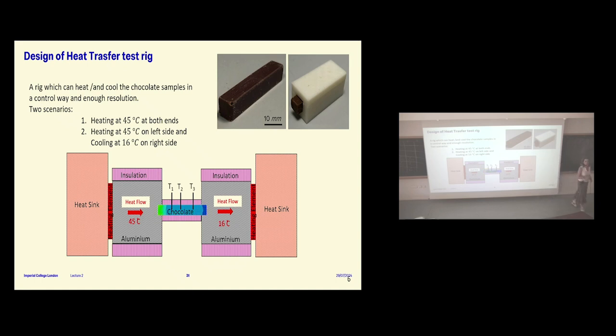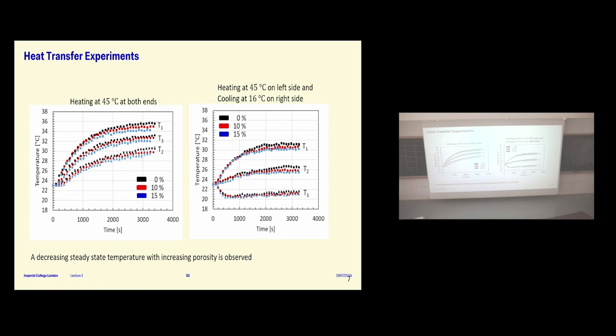Between 28 and 34 is the phase change of chocolate. This is the bar of chocolate. You can see the temperatures changing. This is from a finite element model. And it's put inside an insulated sleeve here, such that we can make this as close as possible to what we're modeling. I'll show you some results from that rig.